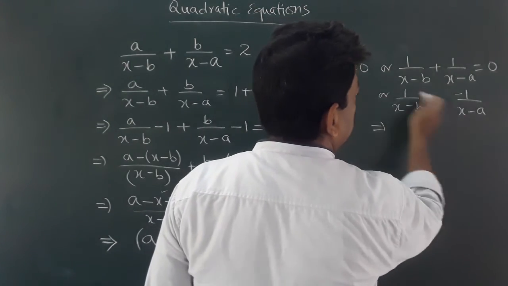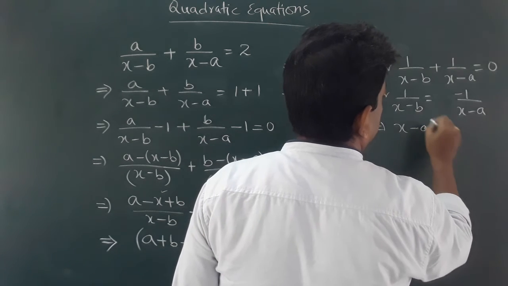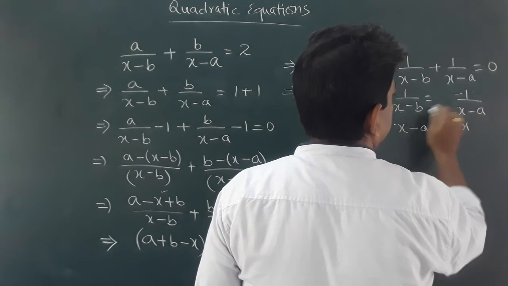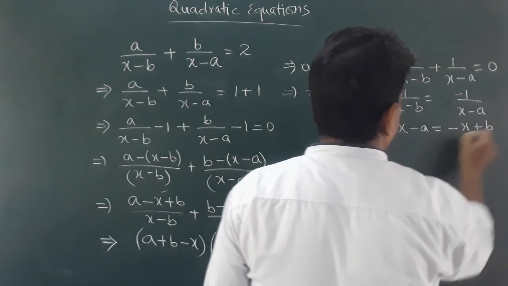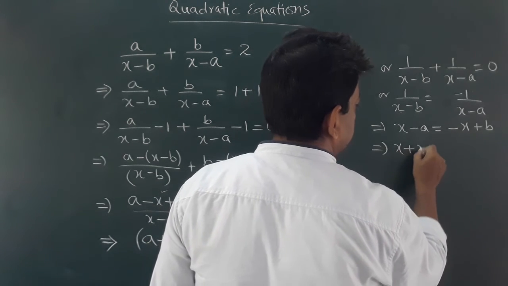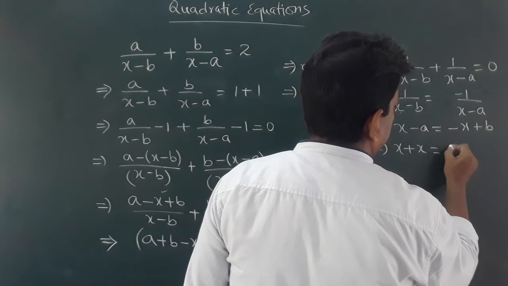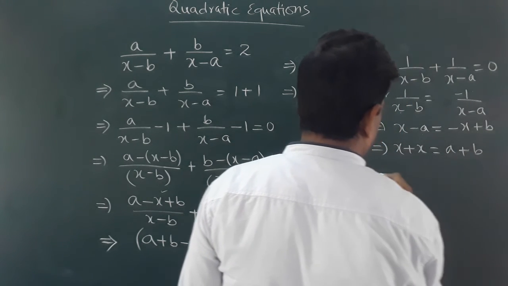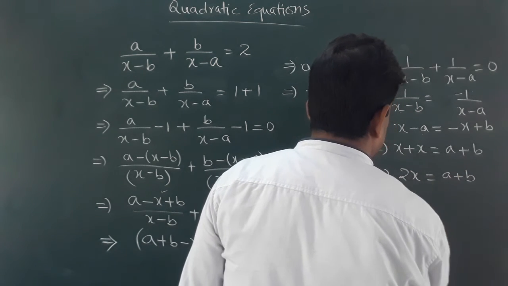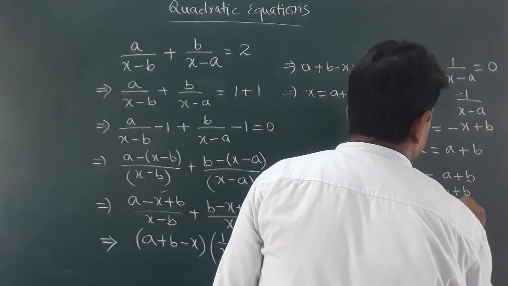Now by cross multiplication, x minus a equals x minus 1, x multiplied with minus 1 is minus x, minus b multiplied with minus 1 is plus b. Minus x will come to the right hand side, plus x minus a will go to the right hand side, so it will become plus a. So 2x equals a plus b, or x equals a plus b upon 2.